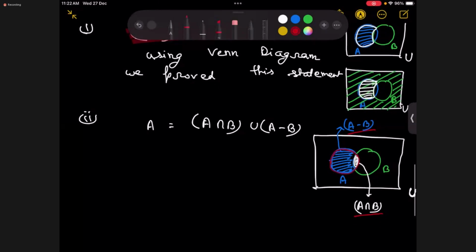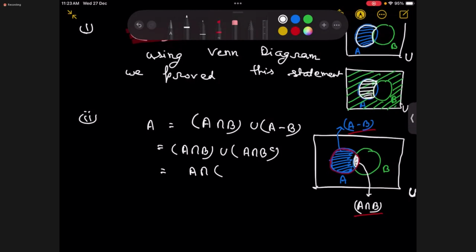Now what about the proof? So write it like this: A intersection B union A intersection B complement. So this is nothing but A intersection B union B complement. Why? We have already discussed the distribution law of union and intersection. So using that statement we can write this line.